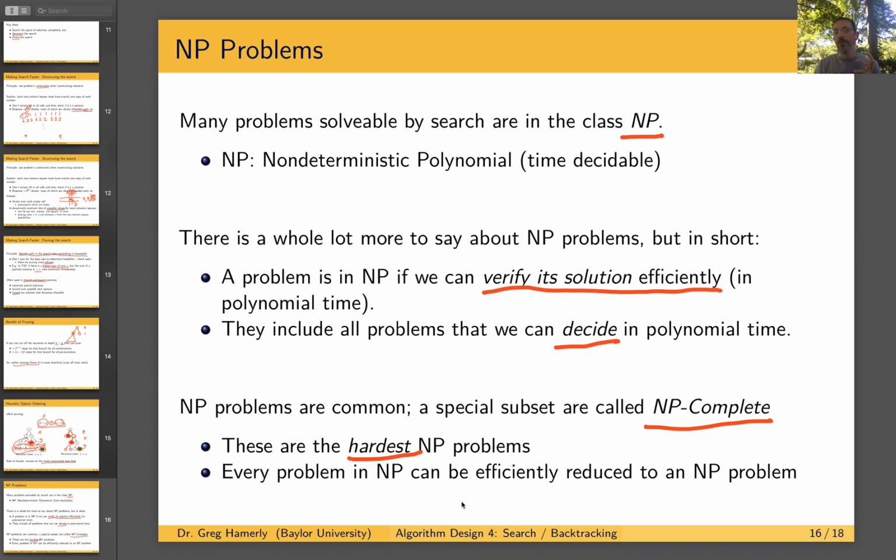NP complete just means that any other problem in NP, remember NP is just solutions can be verified efficiently, can be efficiently reduced or turned into an NP complete problem, okay? And this should say NP complete.